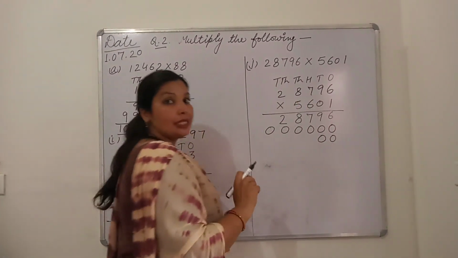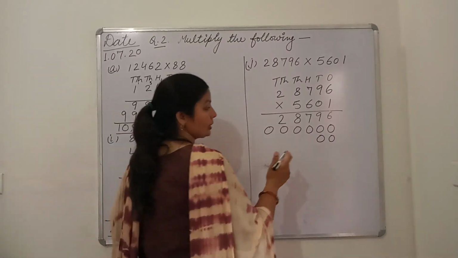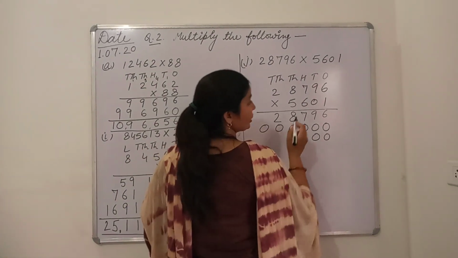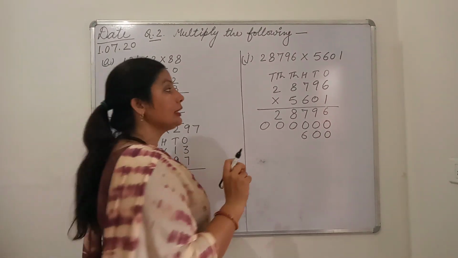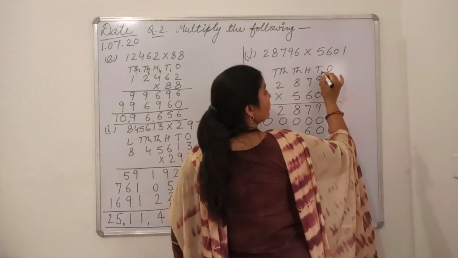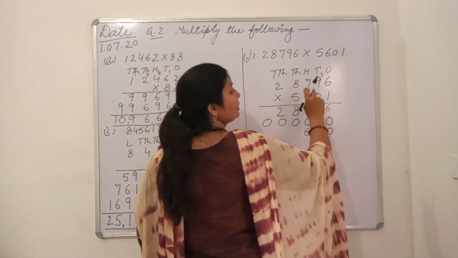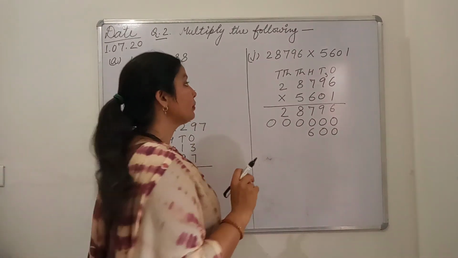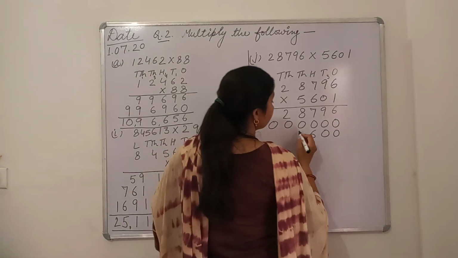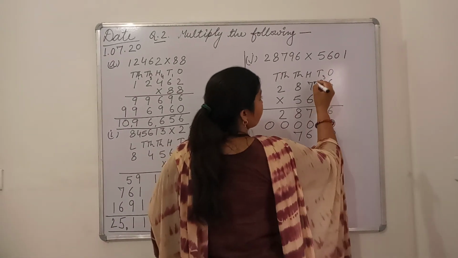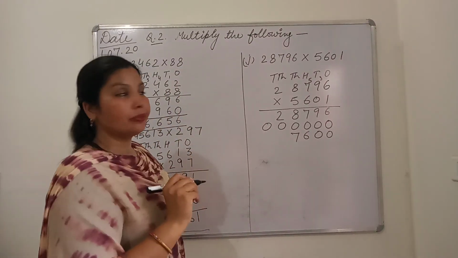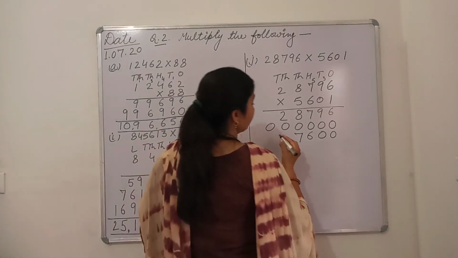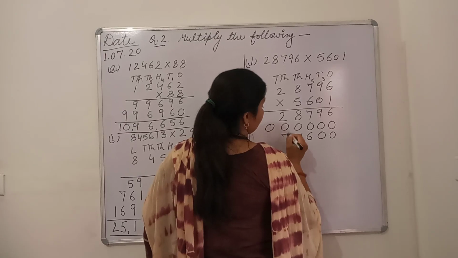Now we should recite the table of 6. We should multiply by 6. So 6 6s are 36. 3 goes carry. 6 9s are 54, and 3 carry is there. 54 plus 3, 57. 5 goes carry. 6 7s are 42. 42 plus 5, 47.